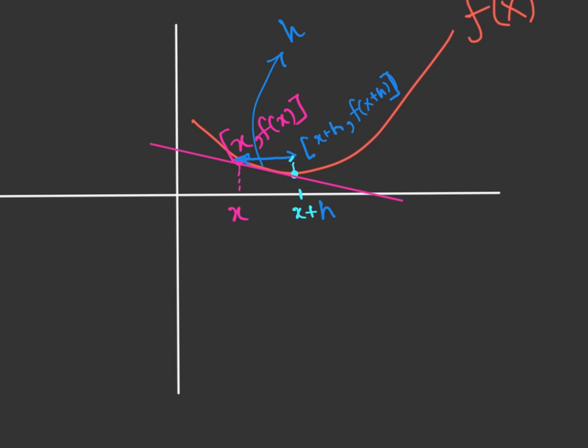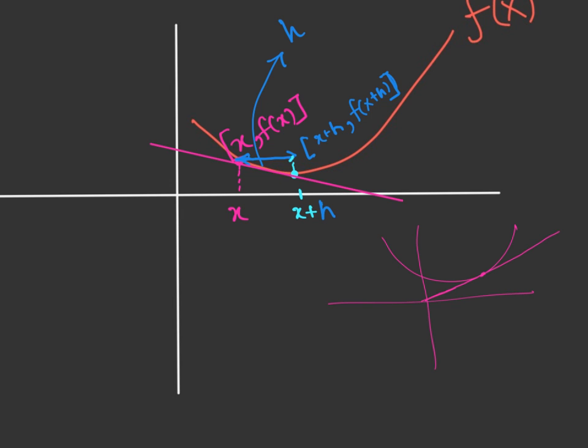So as you can see, when we are making the value of h smaller and smaller, this pink line is starting to behave like a tangent, right? Because just to recall, a tangent is basically a line touching a curve at a single point. For example, if this is a curve, the tangent to the curve would be something like this, a line that would touch the curve at exactly a single point.